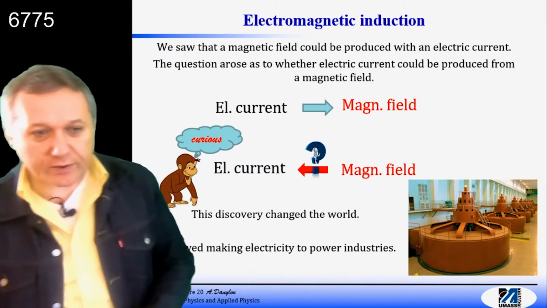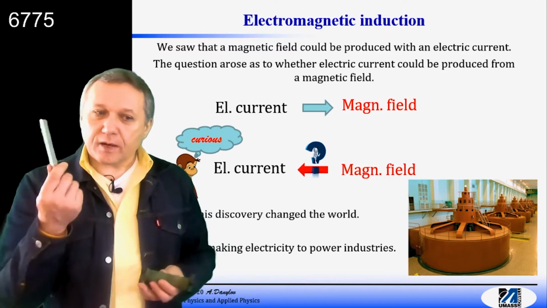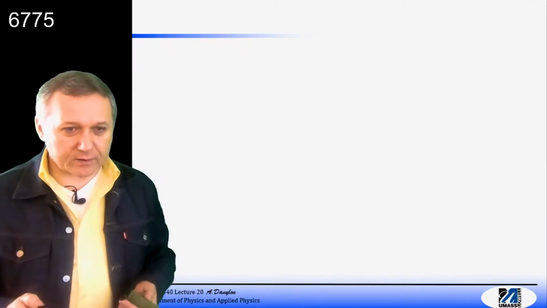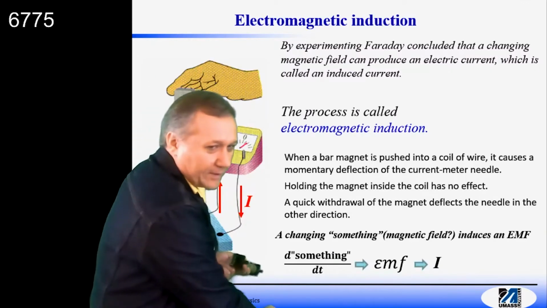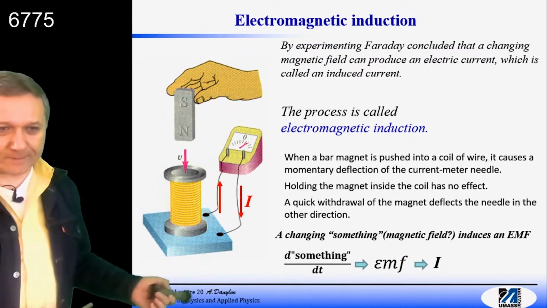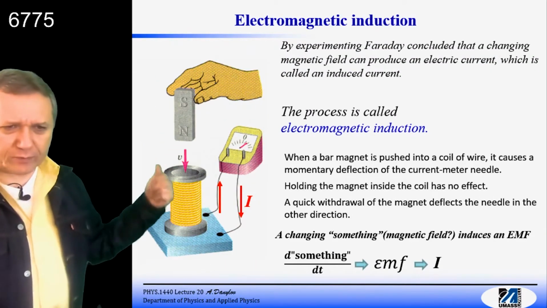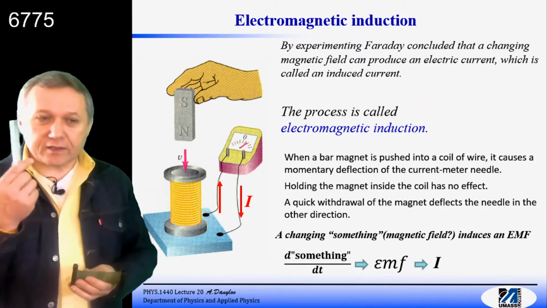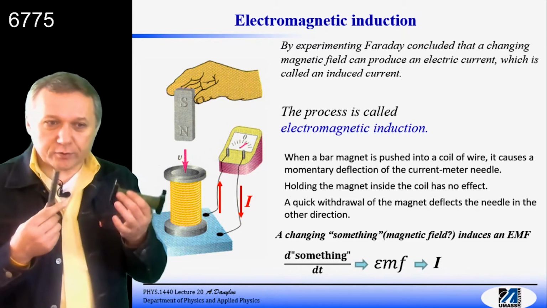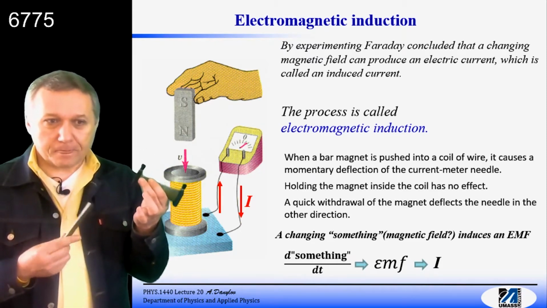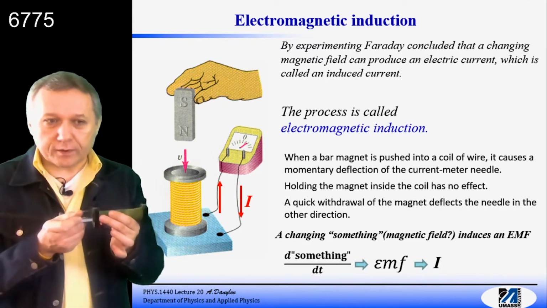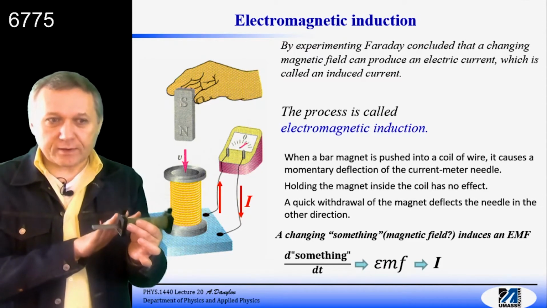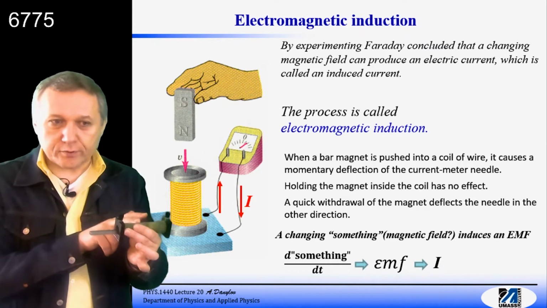And again, we need to understand that it's not just the magnetic field. Let me open the next slide. Right, this slide. So basically that's what he observed. I took this picture, probably from a book, I don't remember exactly. You see, it's not just the presence of the magnetic field that produces the current. Because once you stop moving, the solenoid is still exposed to the magnetic field, but current is not produced.